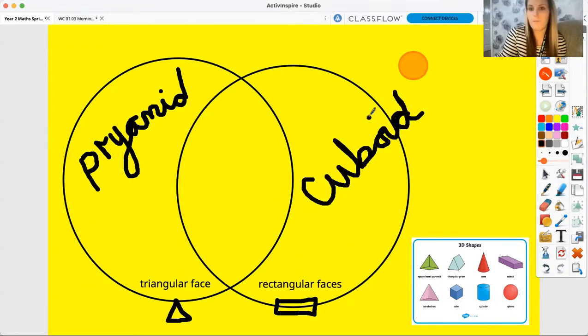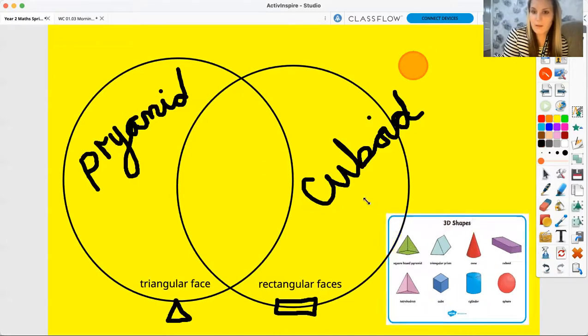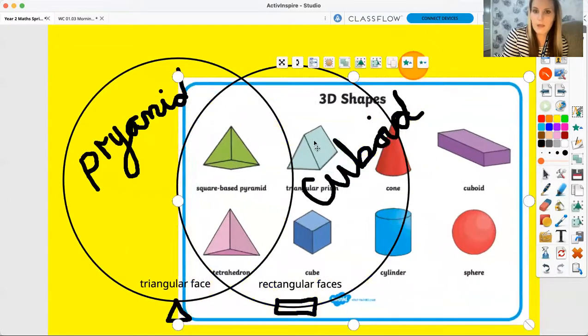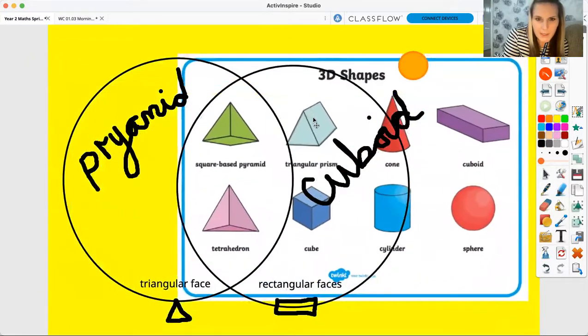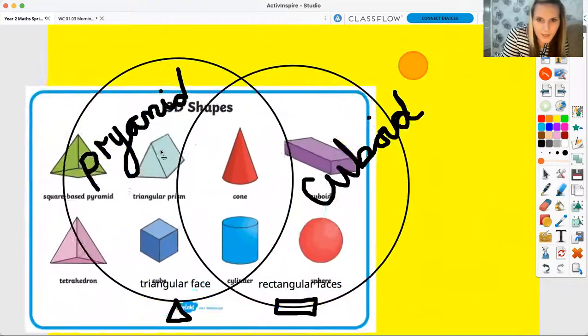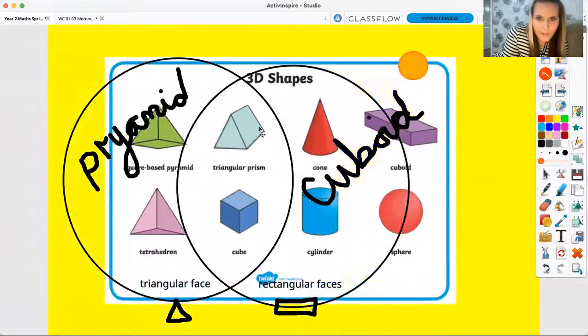And then I need a 3D shape that's got a triangular face and a rectangular face to put in the middle. So let's look at my 3D shape map. What shape can I see that has a triangular and rectangular face?